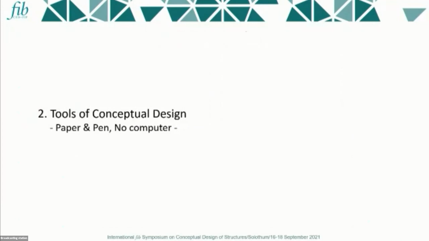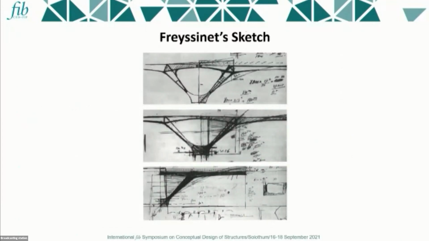And second is tools. You know, this is a sketch by Fresnay. He thinks about the inside of the structure, and also he draws some very simple calculations, which Paul likes in this sketch.